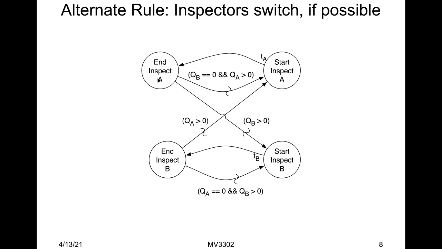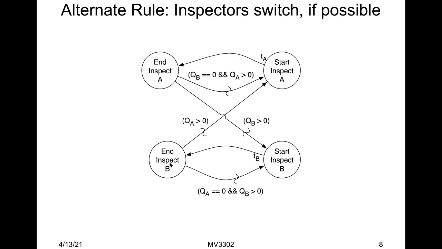how could I implement that? When I end inspect an A, then if there's a part B available, I will switch to that and inspect it. And of course, I don't want to sit there idle, so if there aren't any Bs and there's an A, I'll do that.